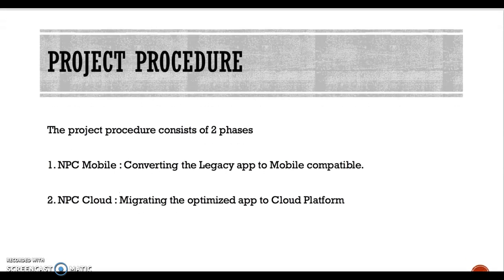So this project is conducted in two phases. The first one is the NPC mobile and the second one is the NPC cloud. The first one is about upgrading the application to mobile compatibility. The way we do it is we take a new technology, and we change the entire skin of the project to that technology.